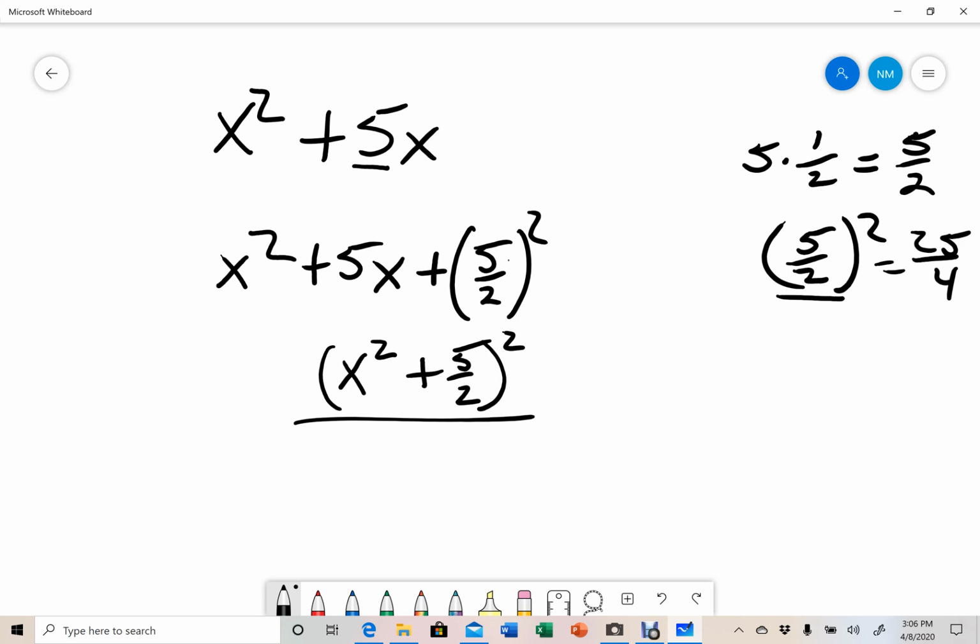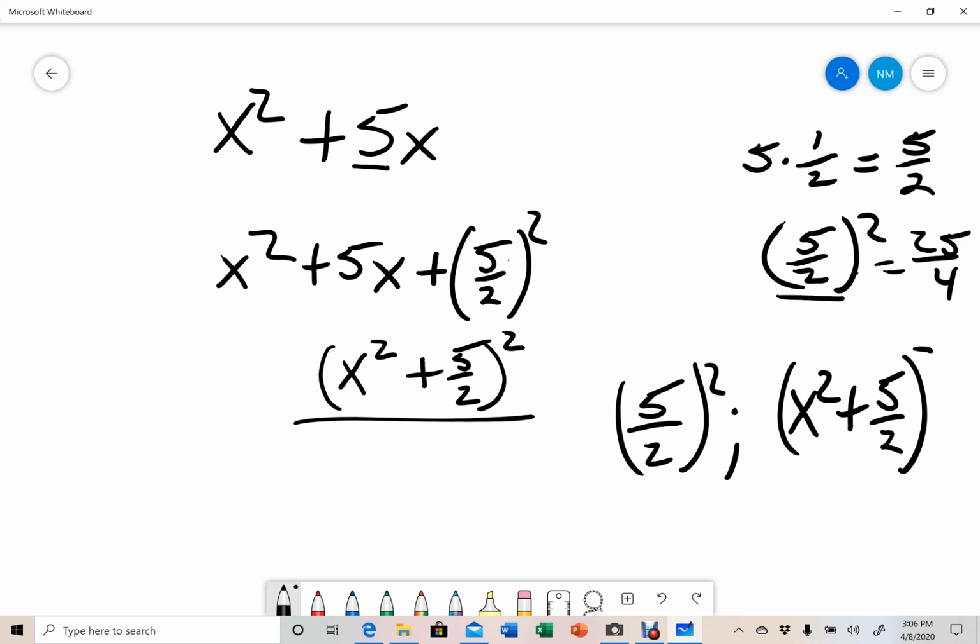So my answer includes 5 over 2 squared, that's completing the square, and then x plus 5 over 2 squared, and that's the factoring. Okay, so 2 parts to your answer. You've got the completing the square and also the factoring. So my answer would look like this: 5 over 2 squared, and also x plus 5 over 2 squared, because that's my factoring.